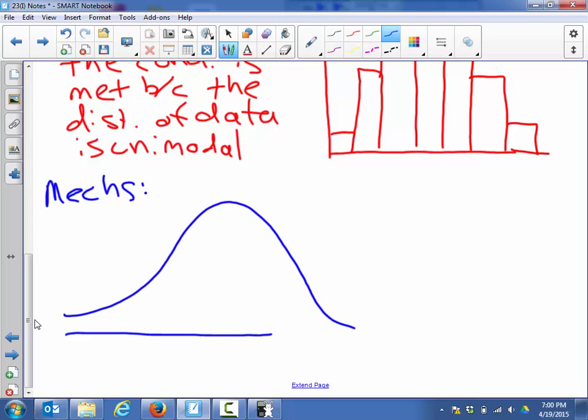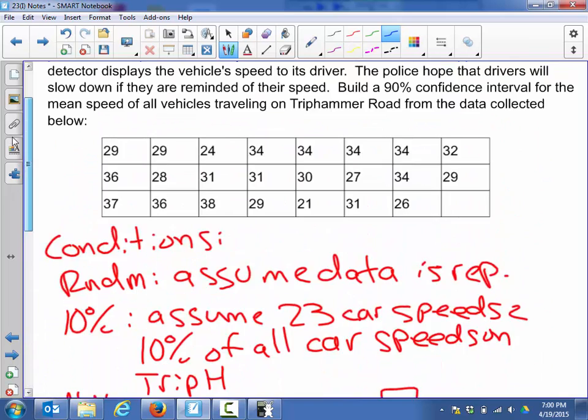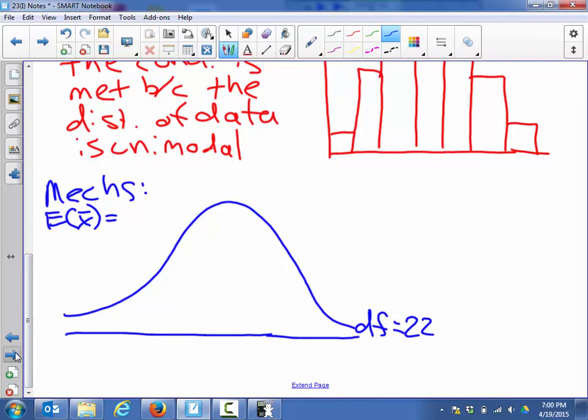The third peak was the biggest. The next two were a reasonable size. I saw a sixth peak that was lower, and then the seventh peak was low. Something like that. And I would say that the condition is met because the distribution of data is unimodal. So there are your conditions.